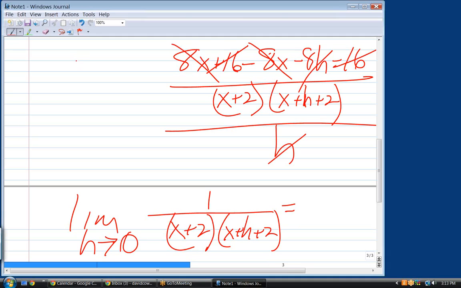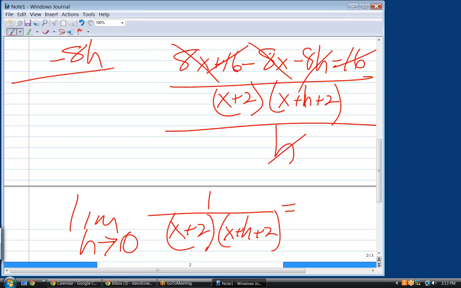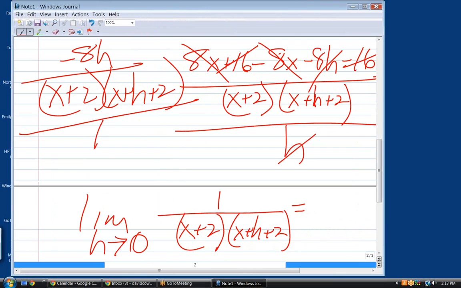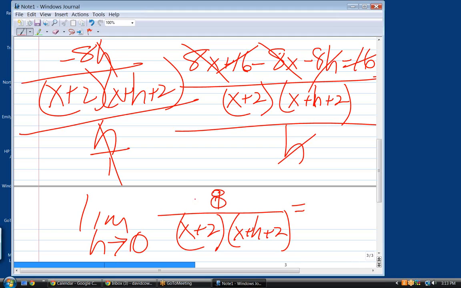If you have a fraction, in other words, we had minus 8h over x plus 2 times x plus h plus 2, all divided by h. Well, that h in the denominator is really h over 1. So in order to divide that, we flip it and multiply, and the h's cancel. And we're left with an 8. I left out the 8 here. In fact, it's minus 8. Would it be negative 8? Minus 8, sorry.